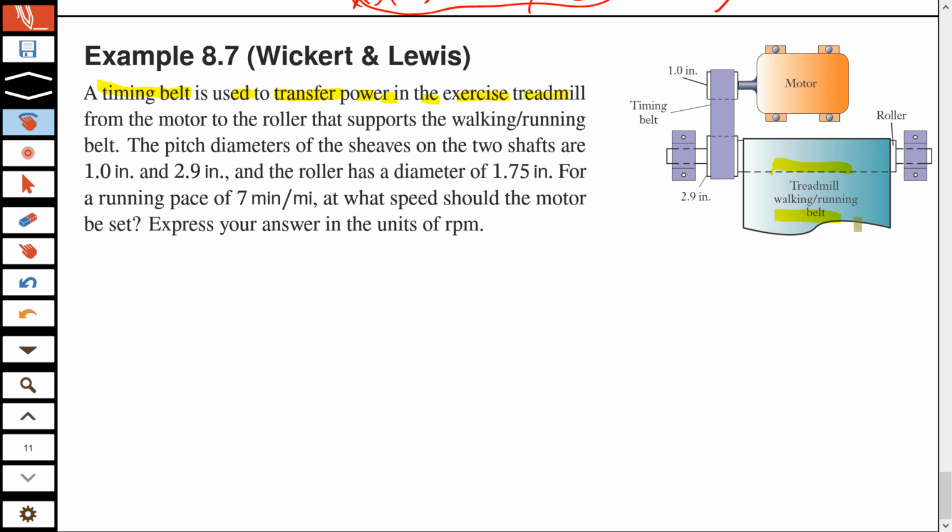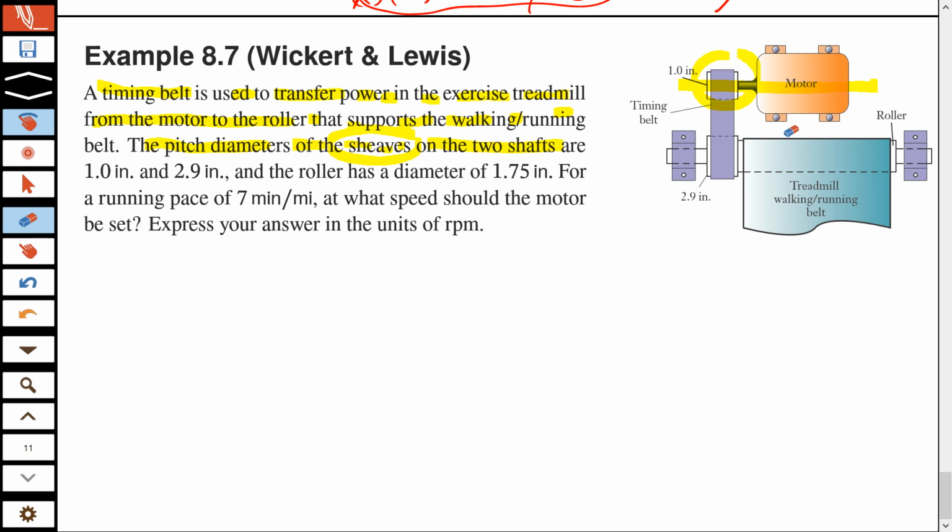The exercise treadmill आपका, इस पे somebody has to walk on it, and this is mounted on a roller, okay, from the motor to the roller that supports walking running belt. The pitch diameters of the sheaves, sheave आपको पता है वो special pulley होती है, tooth pulley, on the two shafts. एक ये shaft है, इस पे ये sheave लगी हुई है, ये जो tooth pulley है, और एक ये shaft है, इस पे भी लगी हुई है.